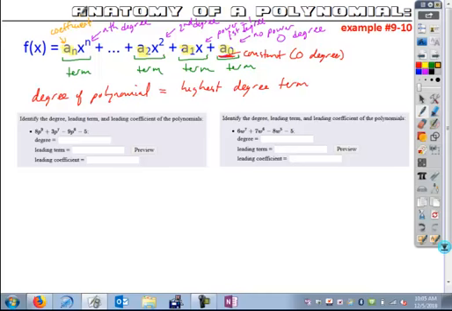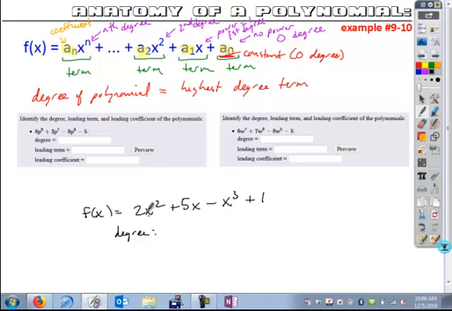Now, I'm going to take this expression as an example. If I take a function 2x squared plus 5x minus x cubed plus 1, and I ask you those three things, what is the degree of this polynomial? The degree is the highest power, so that's going to be 3.